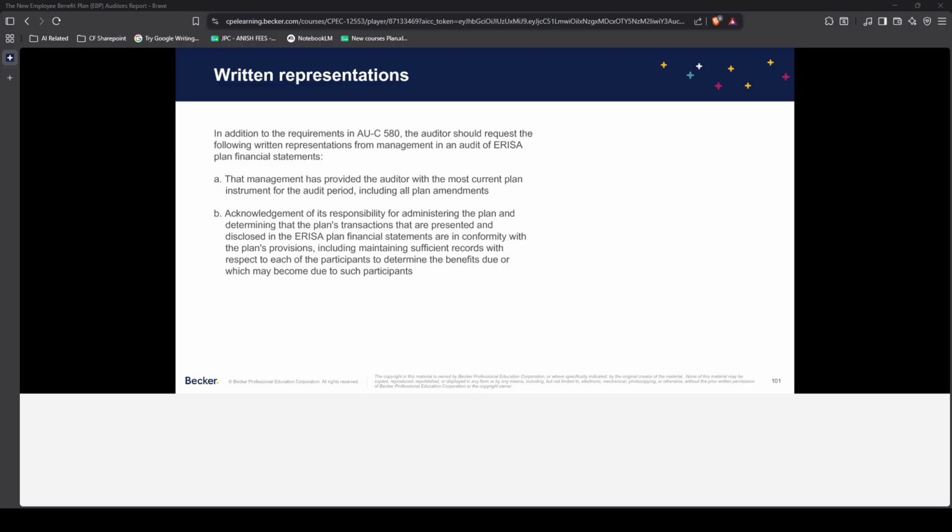We're also going to have management acknowledge its responsibility for administering the plan and determining the plan's transactions are presented and disclosed in the ERISA plan financial statements in conformity with the plan's provisions, including maintaining sufficient records with respect to each of the participants to determine the benefits due or which may become due to such participants.